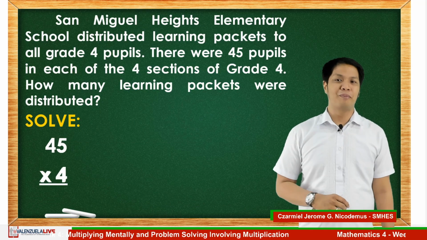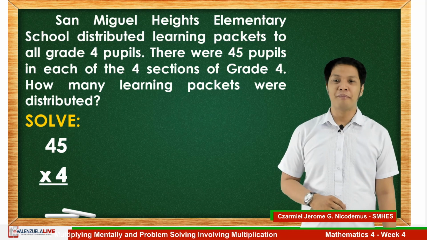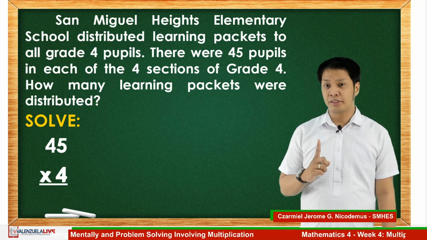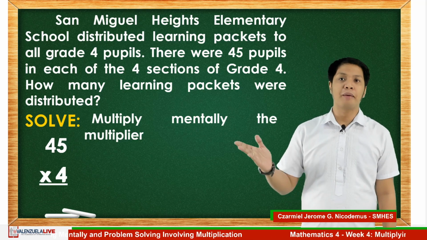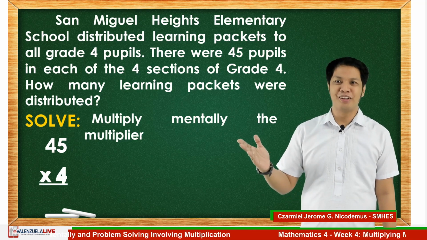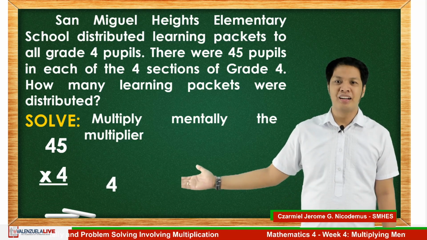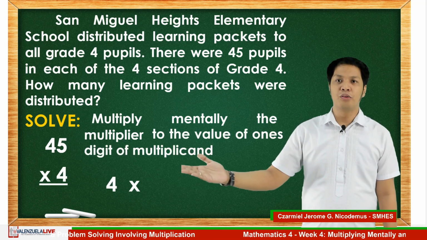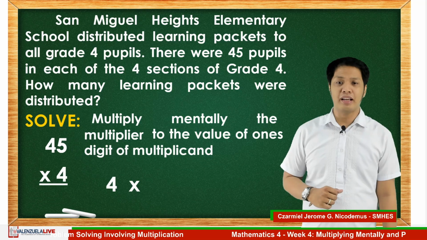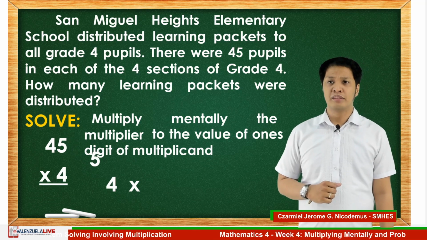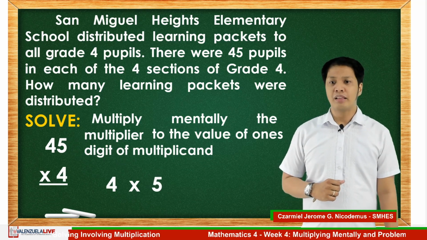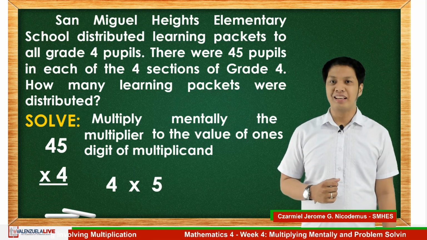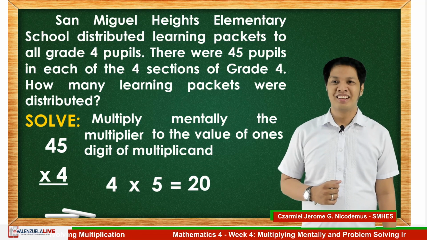Going back to this problem, to multiply mentally, we may also follow these steps. First, we need to multiply mentally the multiplier, which is 4, times the value of one's digit of multiplicand, which is 5. 4 times 5 is equal to 20.